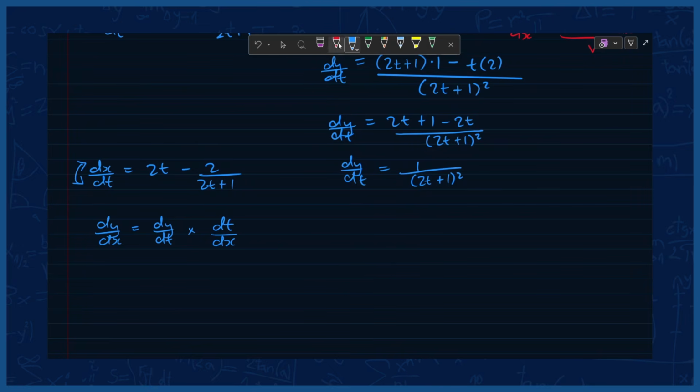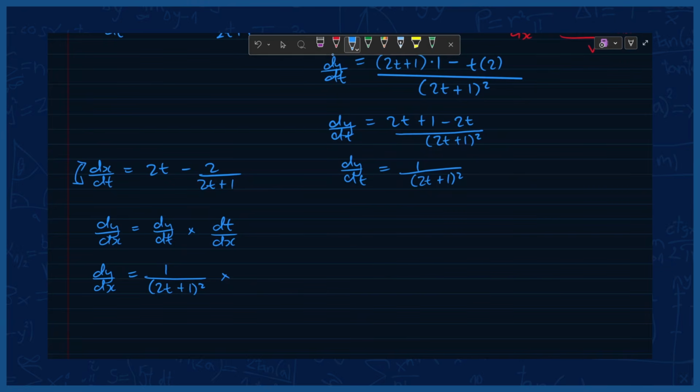And just to make sure you're doing the right thing, the dt's should cancel and give you back dy over dx. So this means that our dy dx is equal to dy dt, which is 1 over the 2t plus 1 squared, multiplied by dt dx.